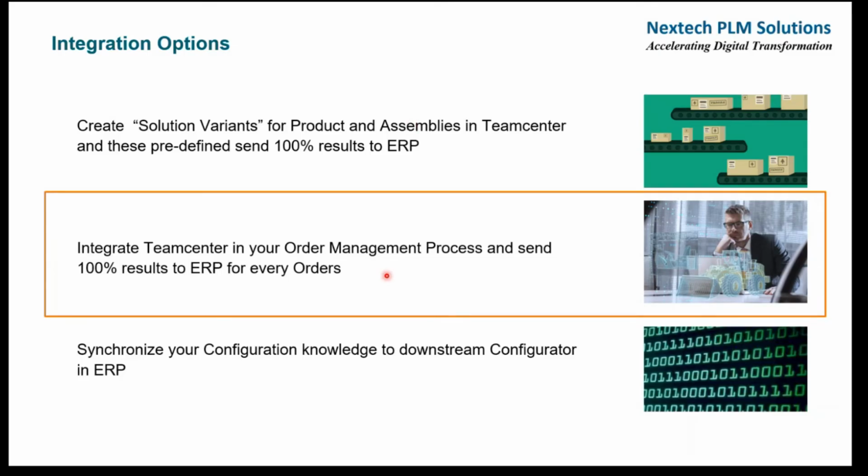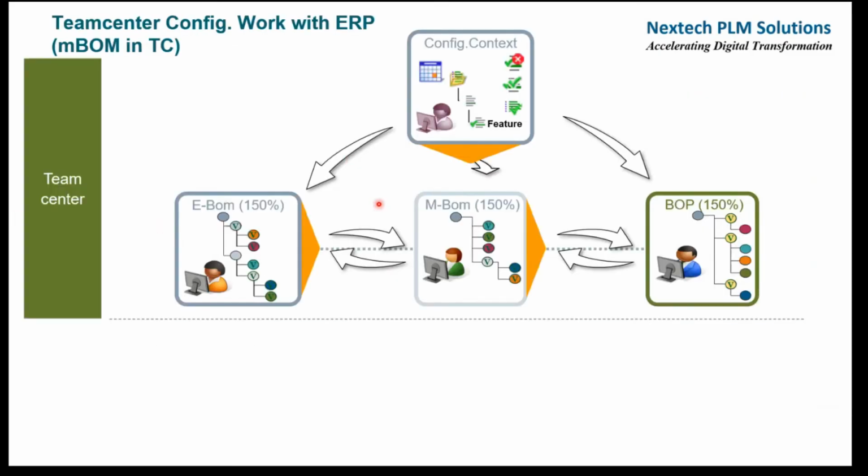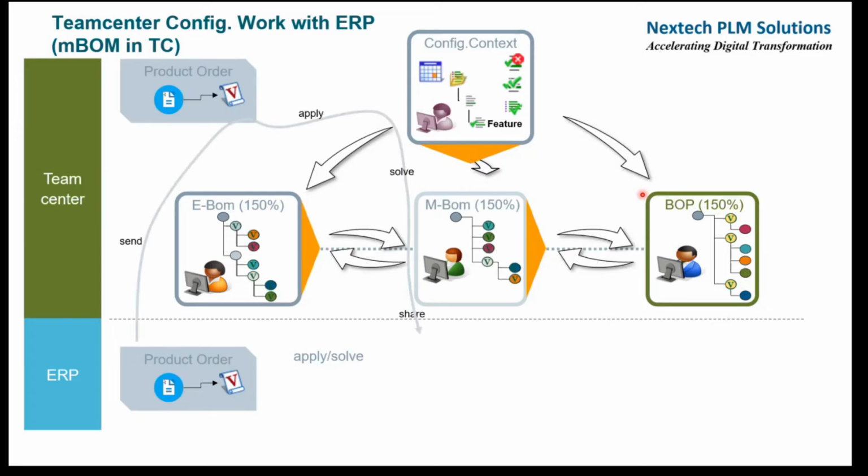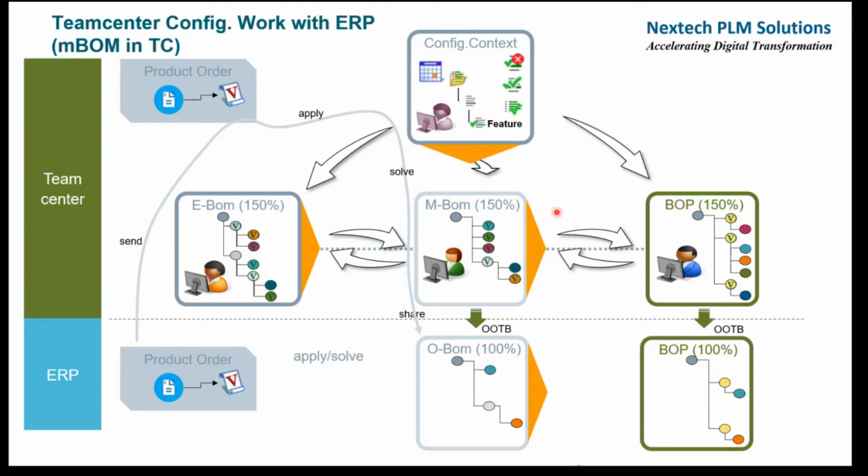Whereas in this case, along with the engineering BOM and MBOM, you will also send the bill of processes, that is, how the product should be manufactured. That also is sent from Teamcenter to ERP, and ultimately the product will be manufactured. You can do this through the same Teamcenter SAP integration.